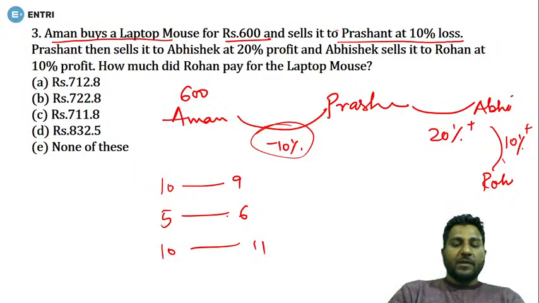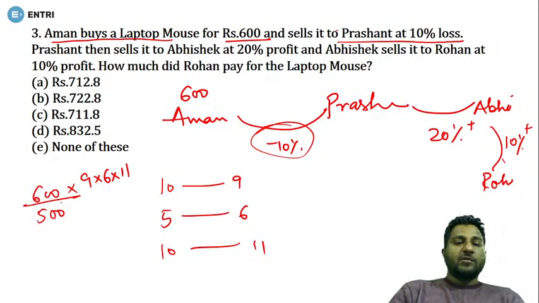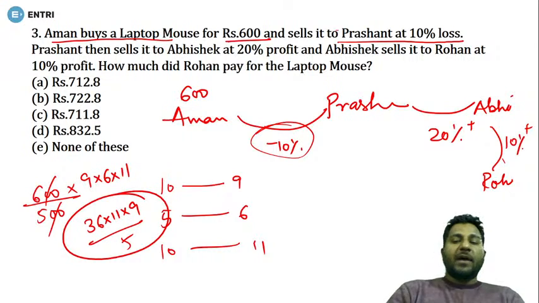Look, it is clear you need to find the data. So 600 is compared to 500. That means 9 into 6 into 11. So this one has gone. That means 36 into 11 into 9 divided by 5 might be the correct answer. You can solve it.